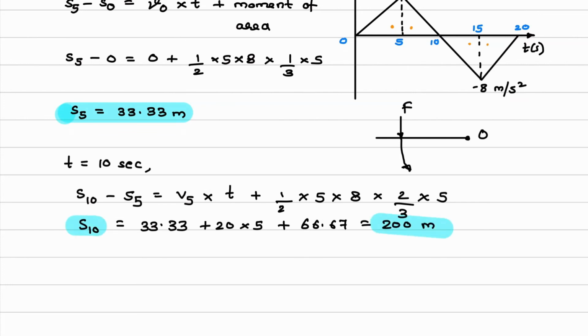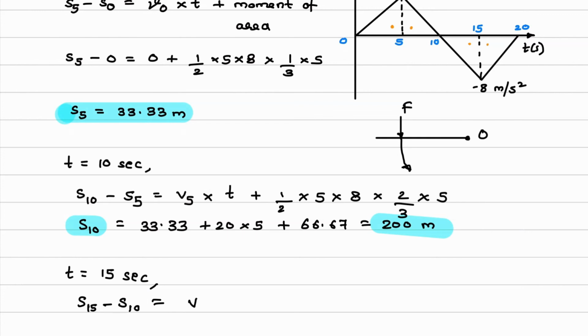Next we will see S15. So when t is 15 seconds, we can write S15 minus S10 is equal to, whatever the second term is, its velocity we have to take.